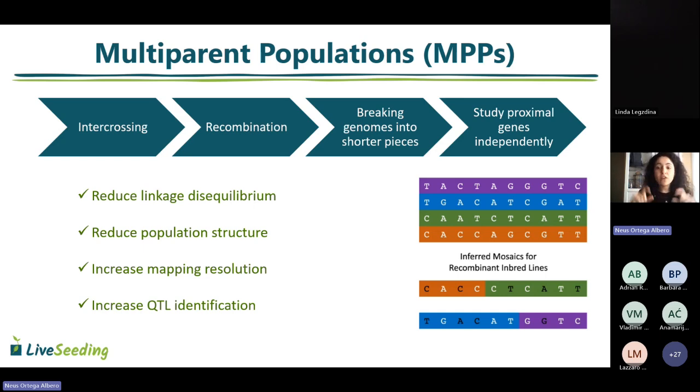Instead of having a large amount of one parental genome and a large amount of the other, we are including little pieces of each genome combined, which is very interesting. When we break these genomes into little pieces, we are able to study proximal genes, which would normally be inherited together.